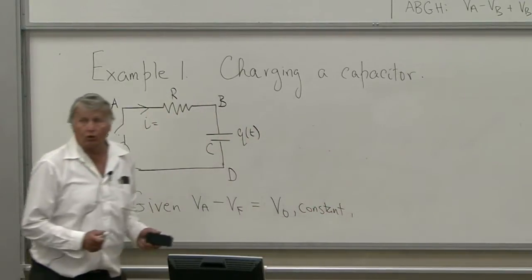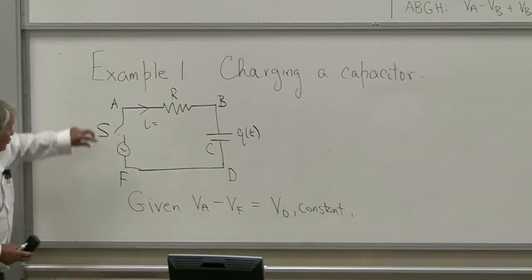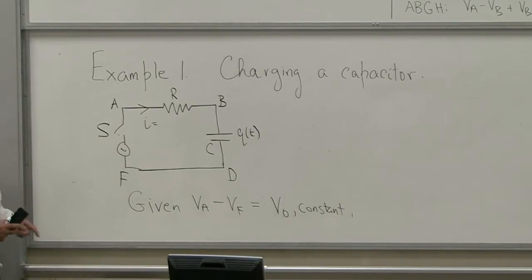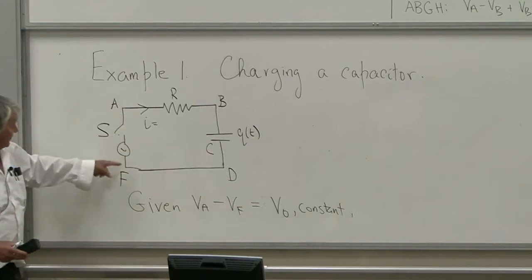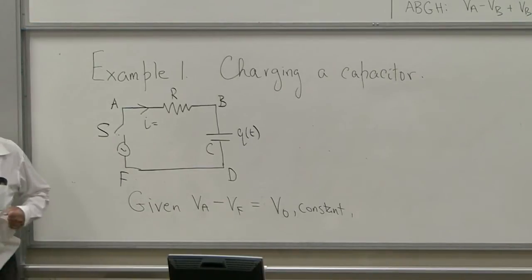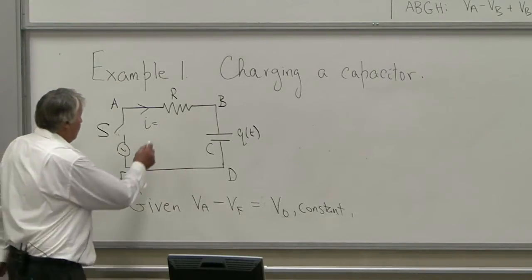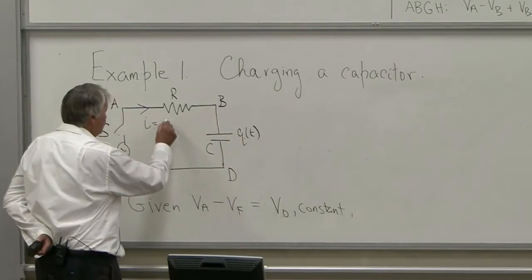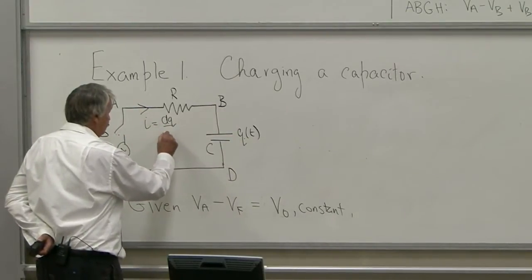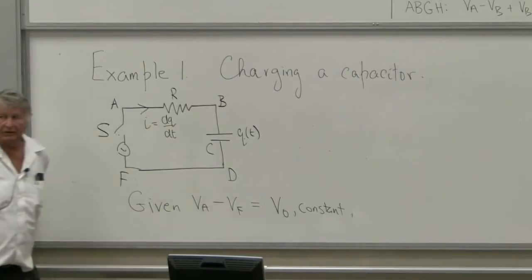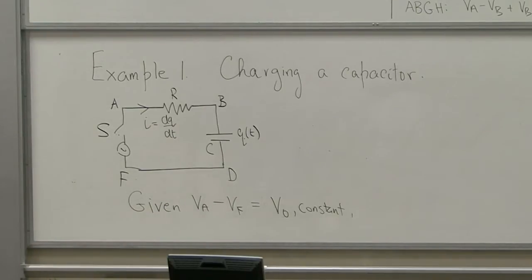So when we close the switch, this voltage drop here, given by the power source, will be V0. If the charge changes with time, the current will be related to the charge by dq by dt.